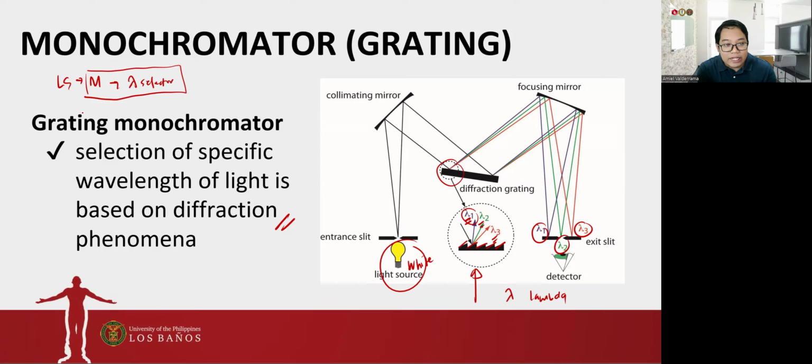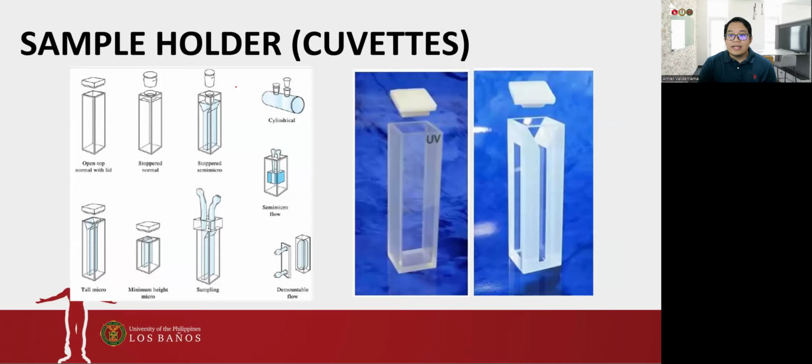Tapos, once you have selected your preferred wavelength, ang next nating step ay yung sample holder. Okay? Ayan. So, ito yung example natin ng sample holder. So, ang sample holder natin ay tinatawag nating cuvette. Okay? So, we have 3 types of sample holders.